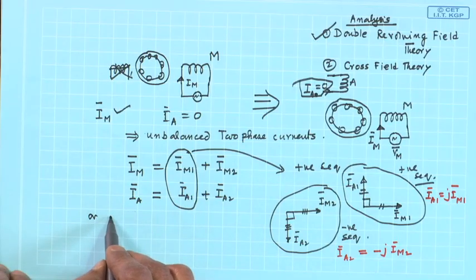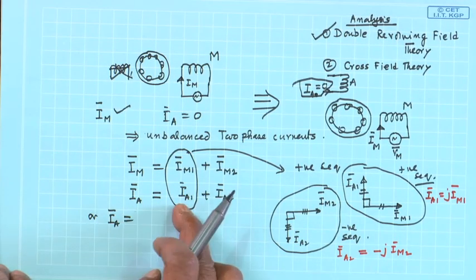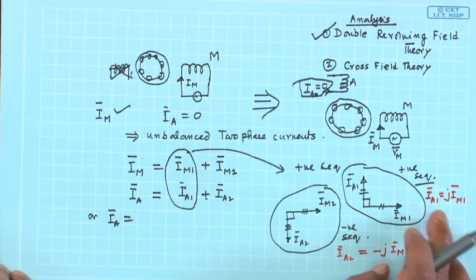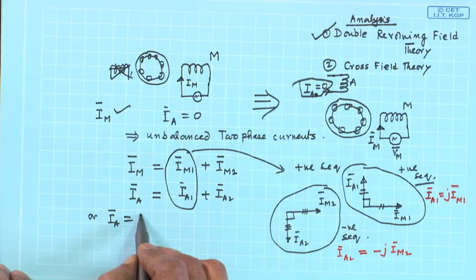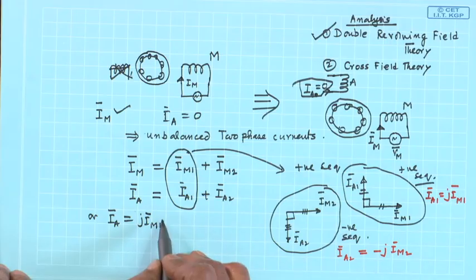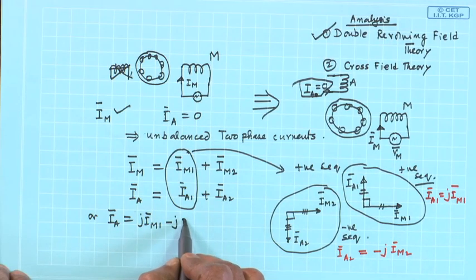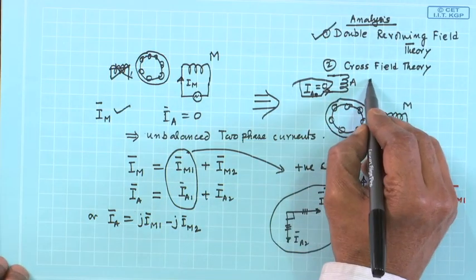If you rewrite the auxiliary winding current, I will translate everything into the main winding current. So, I A 1 is j I m 1, I A 2 is minus j I bar m 2. But in the case I have considered, I A is equal to 0.